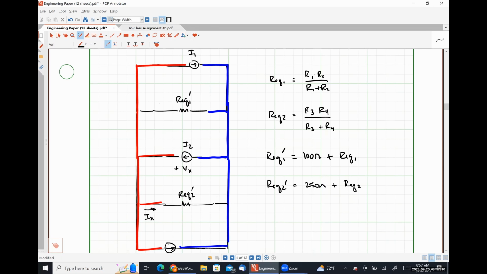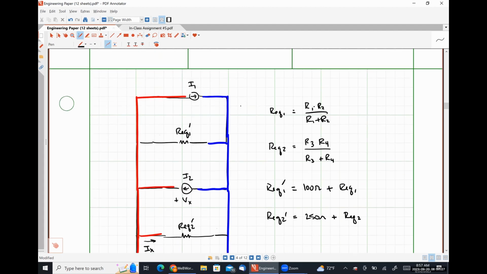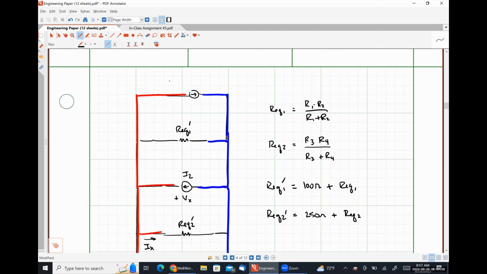All right, so now this is a single node pair circuit. I have 3 current sources in parallel. I am going to arbitrarily choose the direction of my equivalent current source to be to the right. So that means I'm going to have I1 plus I3 minus I2. And then these 2 current sources are going to go away.